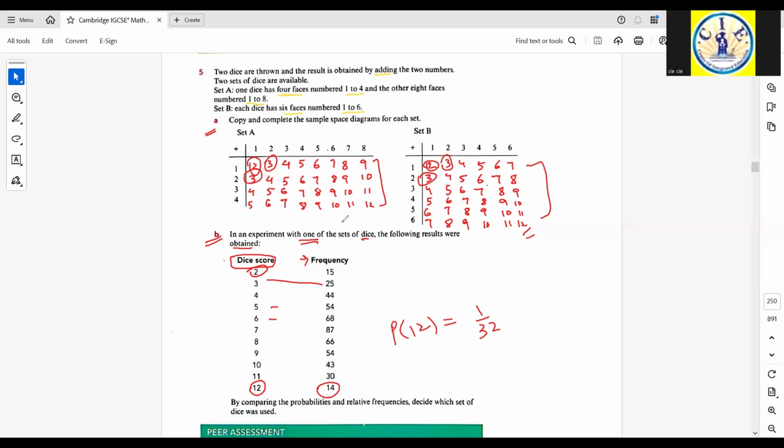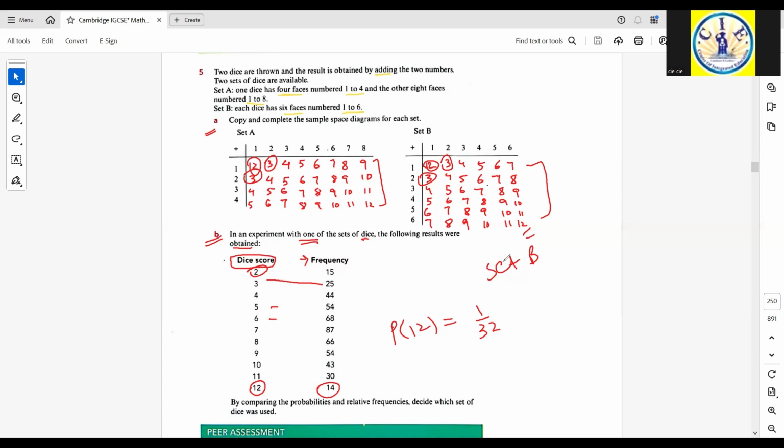If you see, we are going to have set B, which is showing this probability of the relative frequencies.